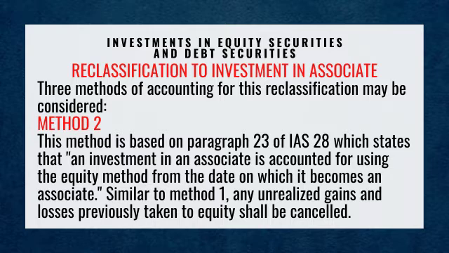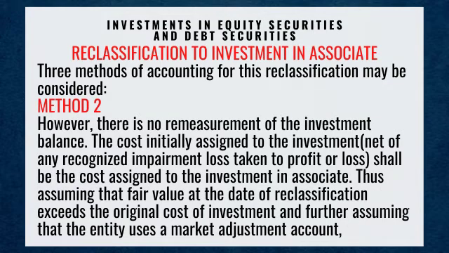Similar to method 1, any unrealized gains and losses previously taken to equity shall be cancelled. However, there is no remeasurement of the investment balance. The cost initially assigned to the investment, net of any recognized impairment loss taken to profit or loss, shall be assigned to the investment in associate.